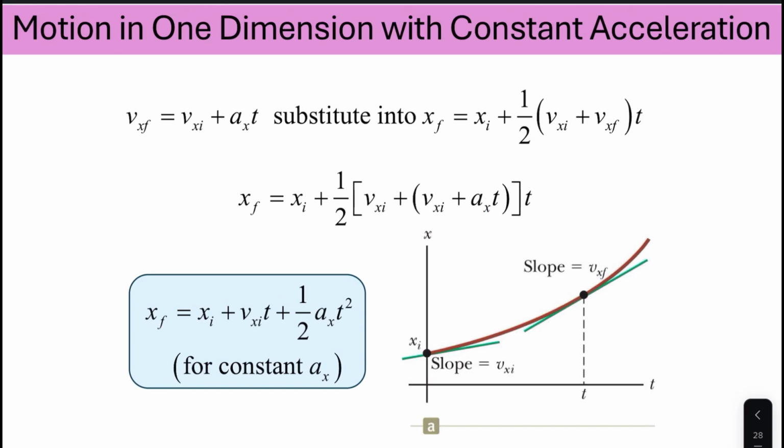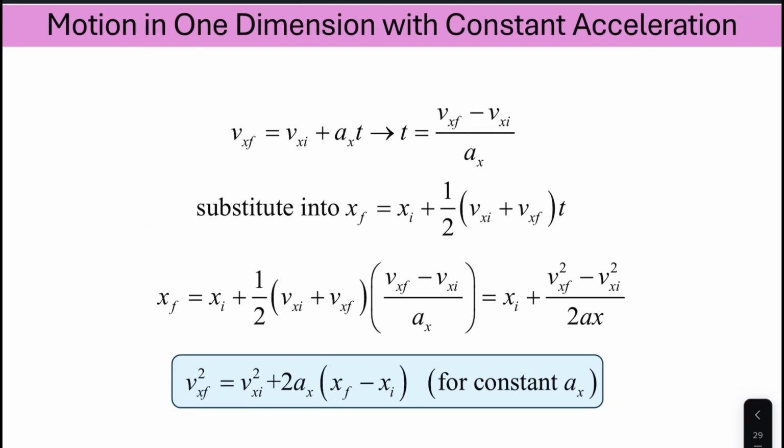That is how we can have another equation: x final equals x initial plus V initial t plus half at squared. This is only valid for constant a.